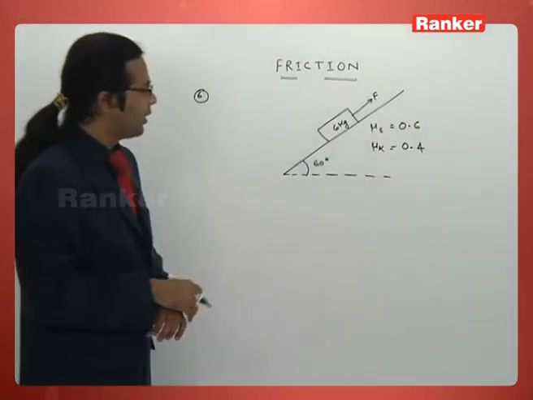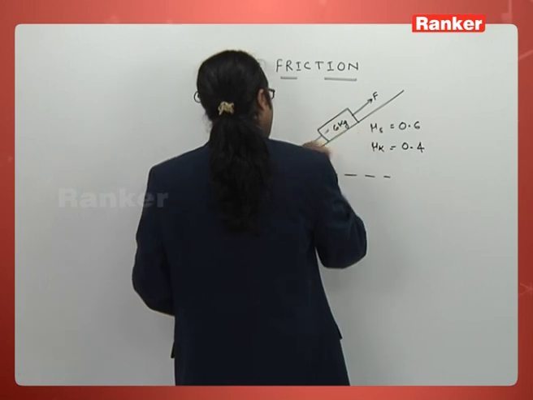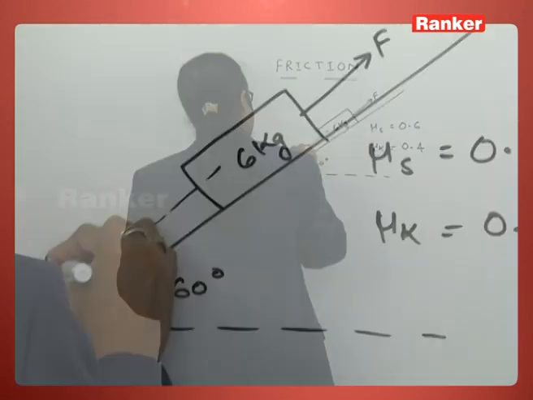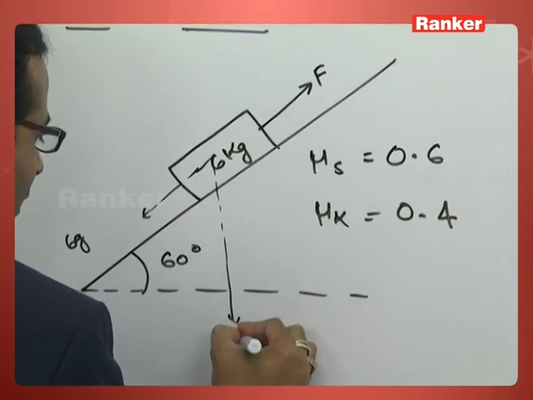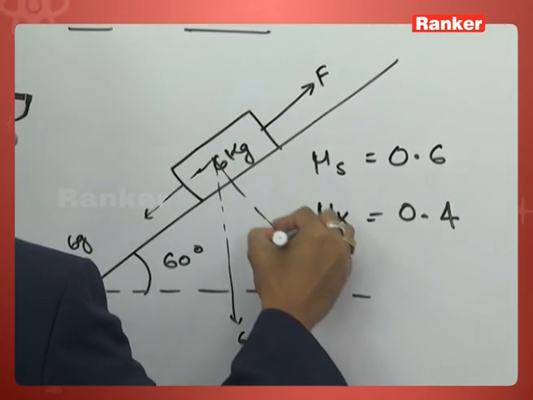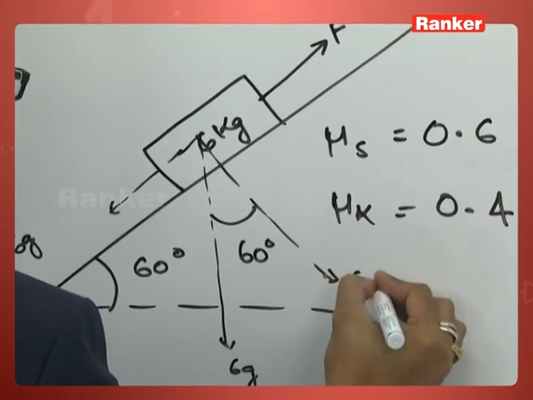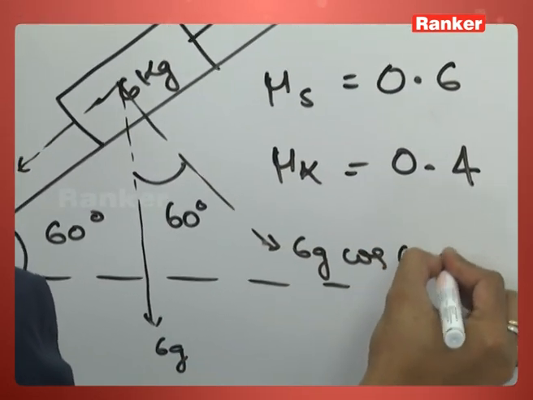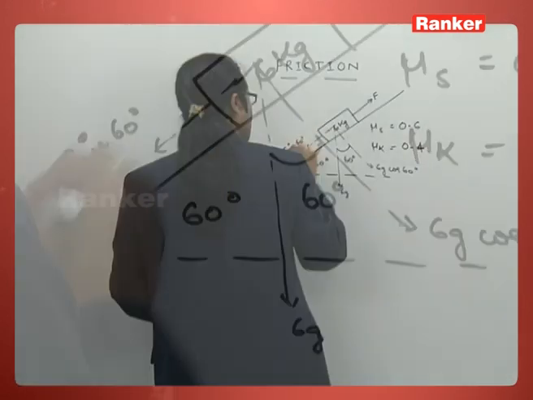Let us work out the forces acting. One is 6g. This angle will obviously be 60 degrees. This component will be 6g cos 60 degrees, and this will be 6g sin 60 degrees.